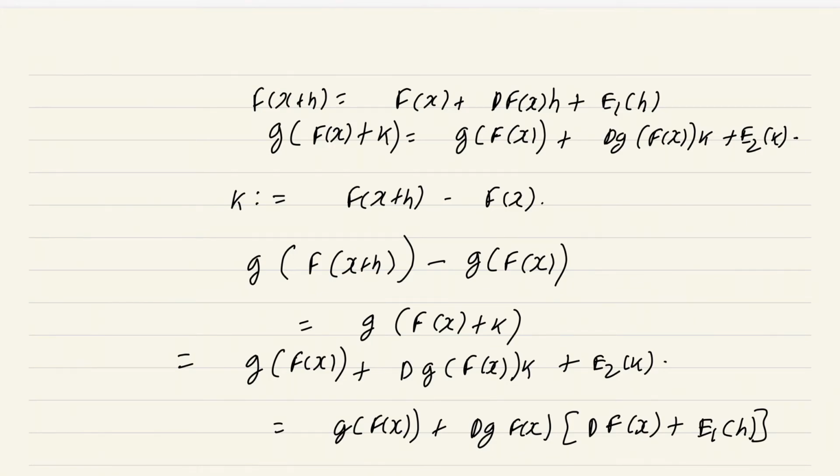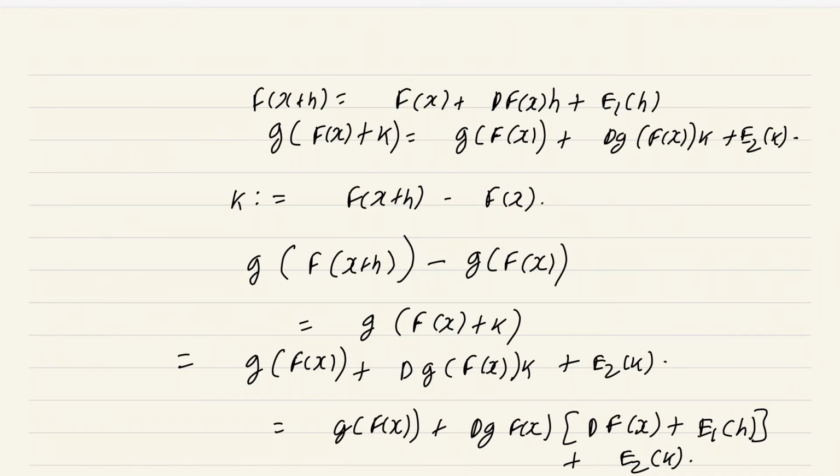So this is dg at f of x acting on the vector df x h plus e1 of h, plus e2 of k. So we have got something very similar to what we want.